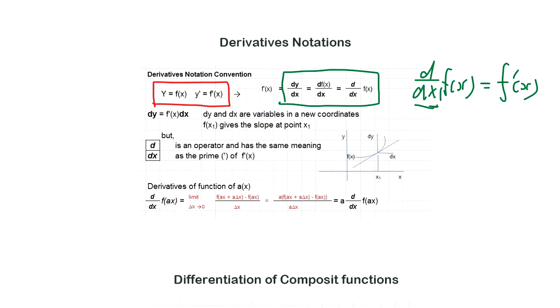Instead of prime, we just use this one. Okay, or we just write this way. This is nothing more than notation. So instead of prime, you can put the d over dx like that. The same thing, a d over dx f(ax), like this.